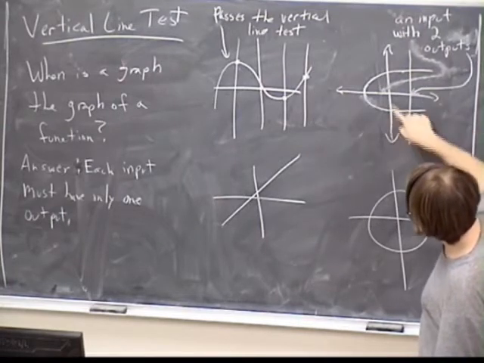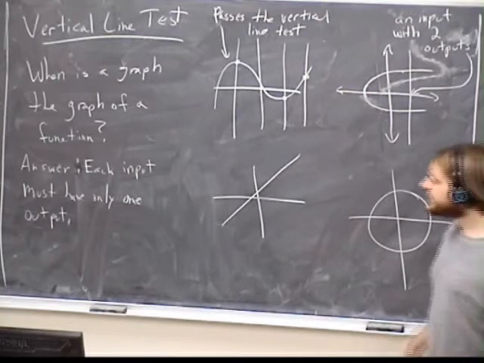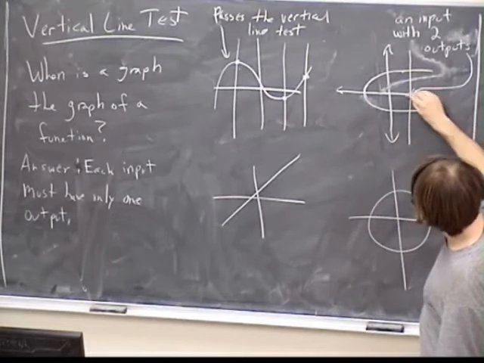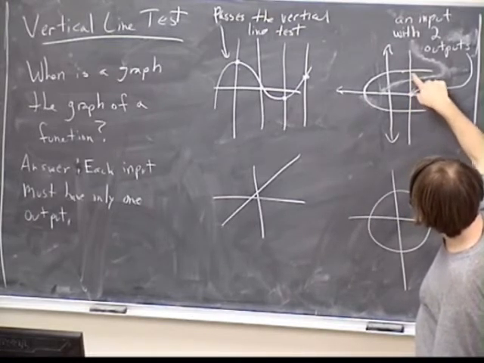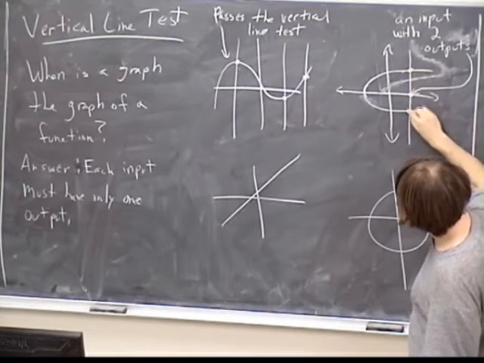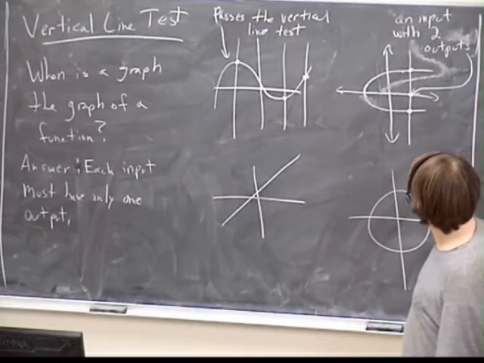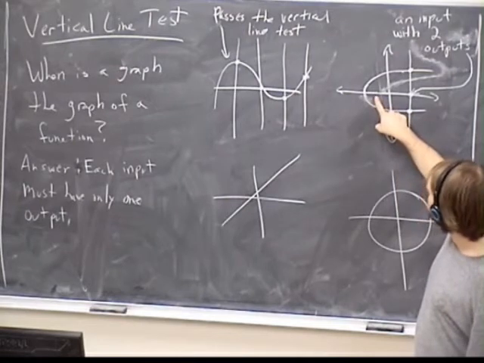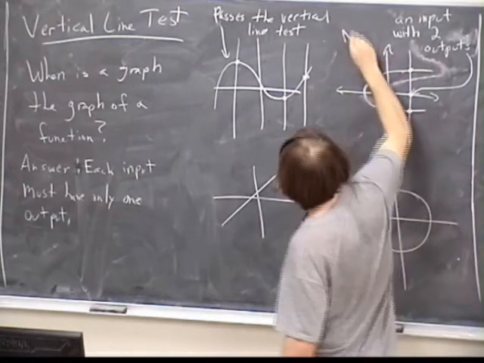What this means is that this graph cannot represent a function, because if it did, the function would have an input, namely this point right here, which corresponds to two different outputs. These two points where our vertical line passes. So this graph does not pass the vertical line test and is not the graph of a function.